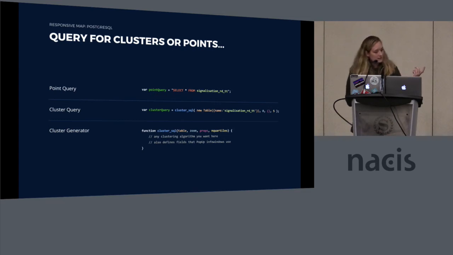In this cluster function, I was using an older CARTO editor algorithm, but you could really plug in any cluster query that you would like here. And if the window function detects that the screen width is larger than 550 pixels, it just uses a simple selection of that whole parking signs table, which is named signalization RDTT at the top there, without clustering to make that point map we saw.